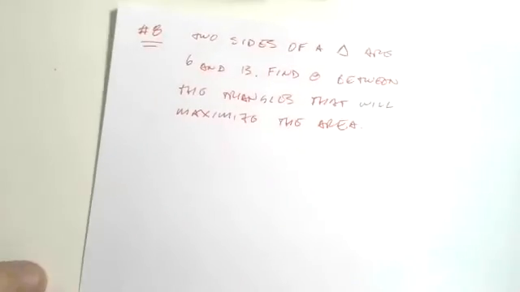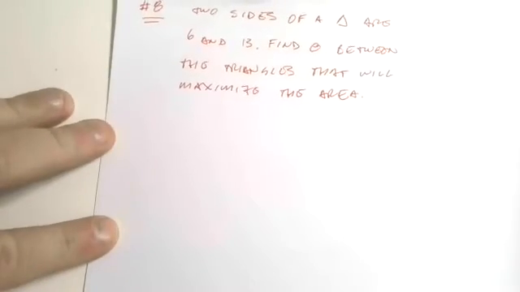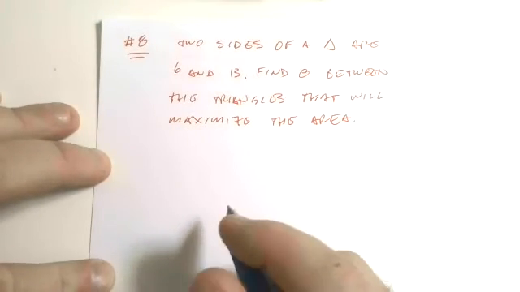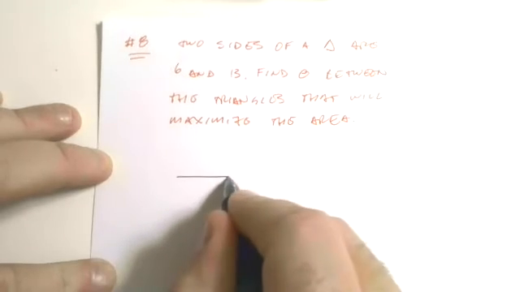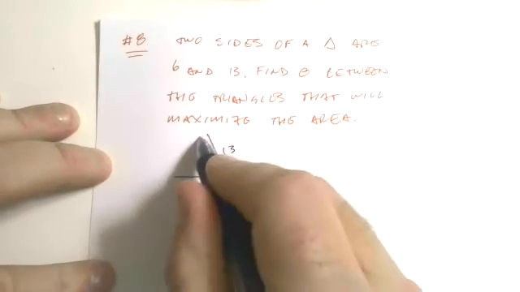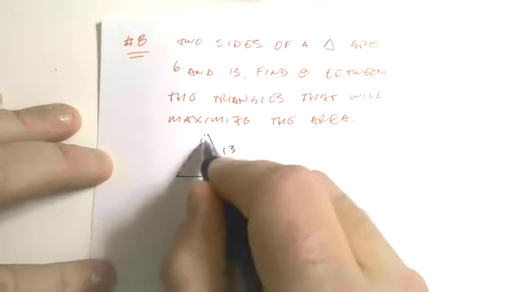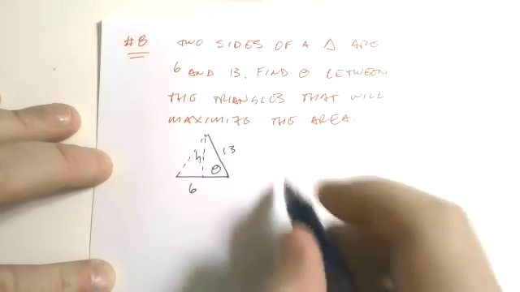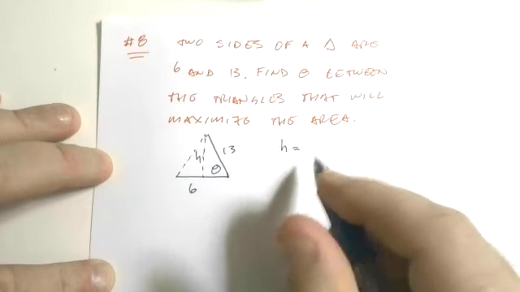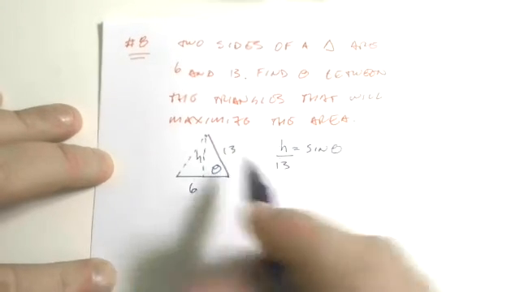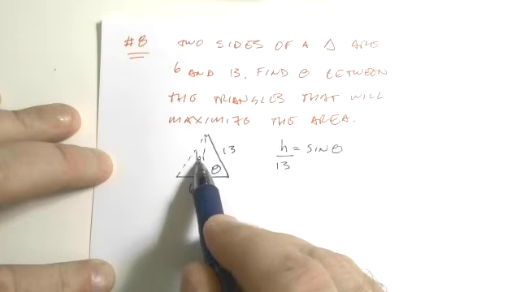This one's ludicrously straightforward, even though the math is kind of hard, because you'll see what I mean in a second. 2 sides of a triangle, 6 and 13, theta. There's this other side over here. I don't care. I need the height. Call it h. Height over 13 is sine of theta. Sine of theta is opposite over hypotenuse.